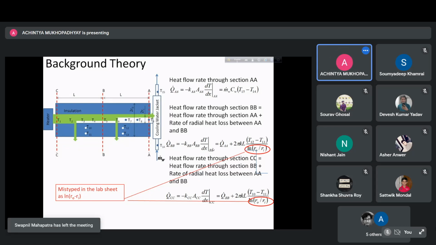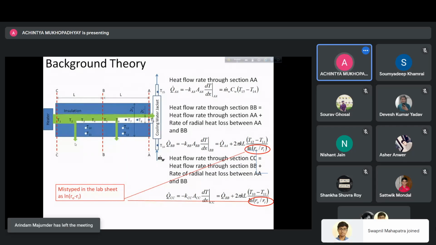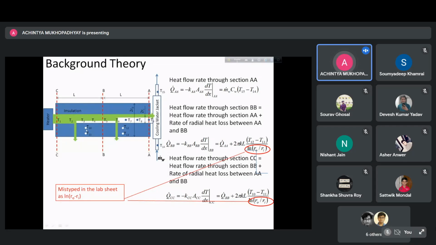Similarly, if you want the rate of heat flow through section CC, it will differ from section BB because of the radial heat loss between section BB and section CC. Again, we assume that thermocouples T10 and T11 represent the temperature in this entire region.